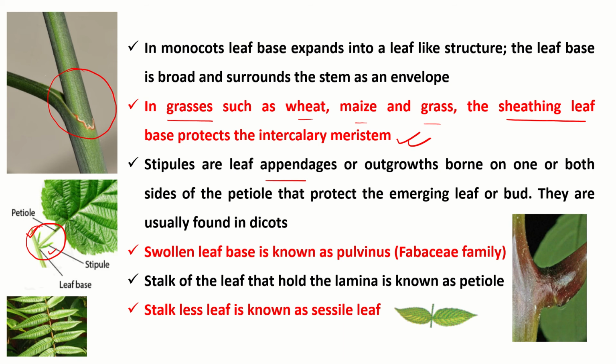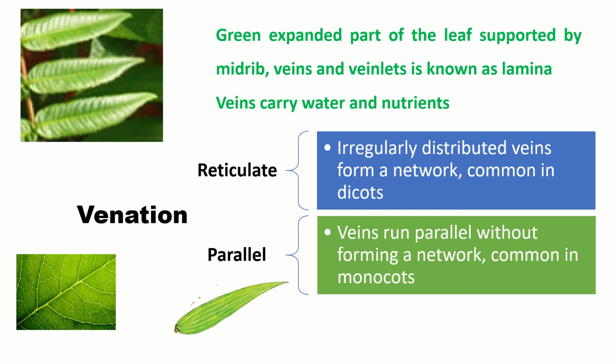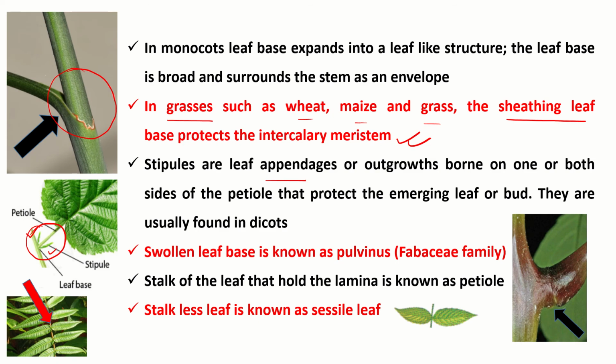They are usually found in dicots. All right. Swollen leaf base is known as pulvinus. This is an extremely important characteristic feature of Fabaceae family.